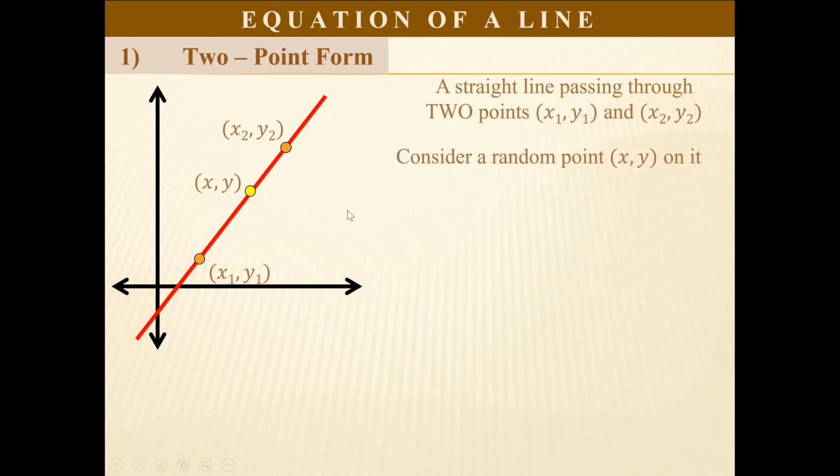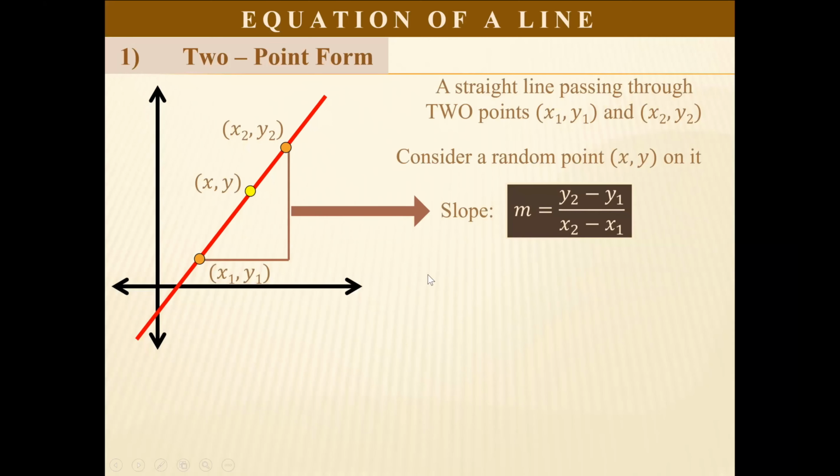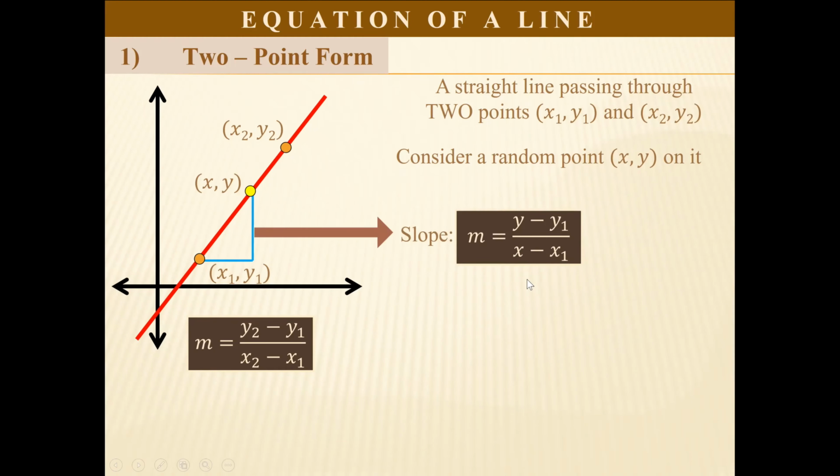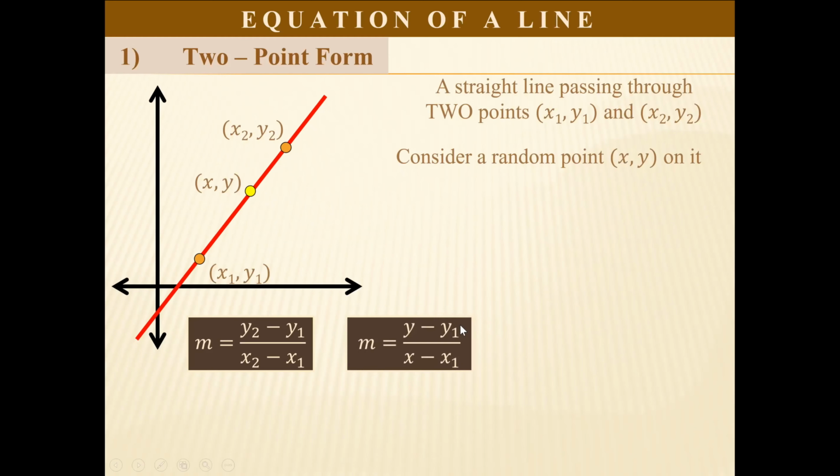Since all three points lie on the same line, if you find the slope of x1, y1 and x2, y2, that will be given as m equals y2 minus y1 upon x2 minus x1. Or if you find the slope between x, y and x1, y1, the slope will be y minus y1 upon x minus x1. Since both these slopes are representing the same line, they are equal.